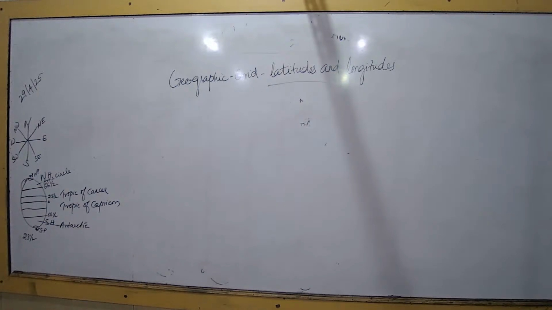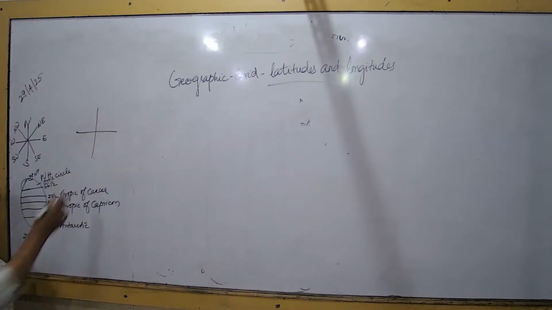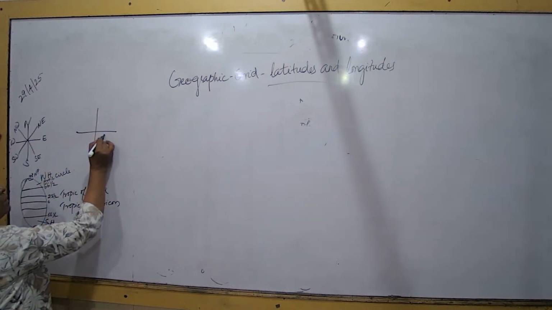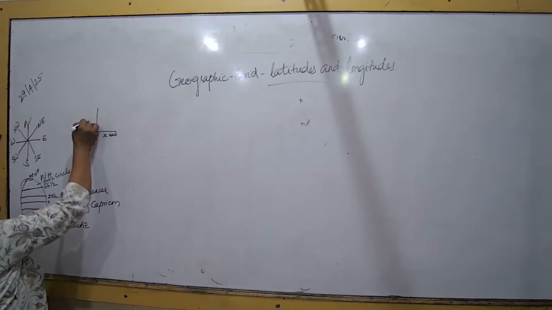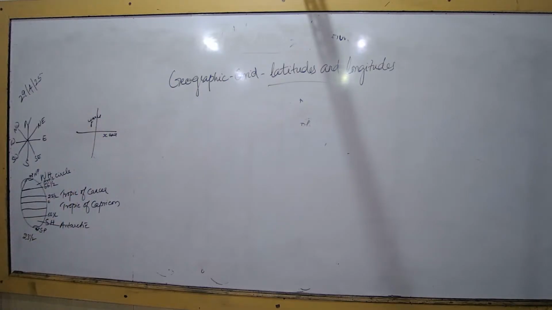So how these imaginary lines are there, that is you used to learn graphs. In the graph these horizontal lines are called x-axis, no? And vertical lines are y-axis. Two axes, have you seen? You did not study or you have?